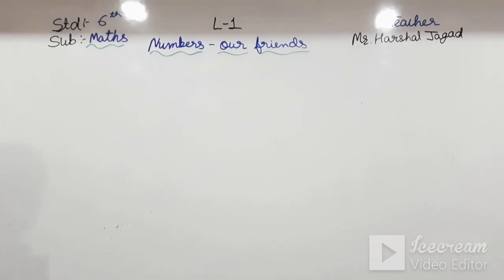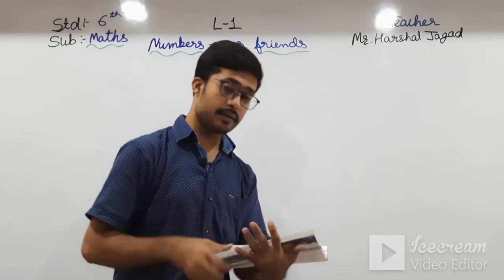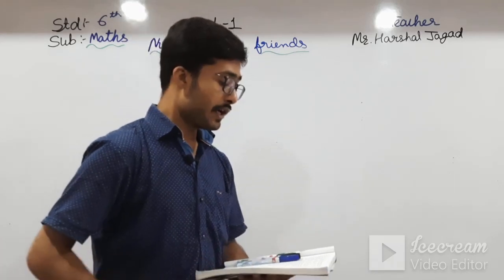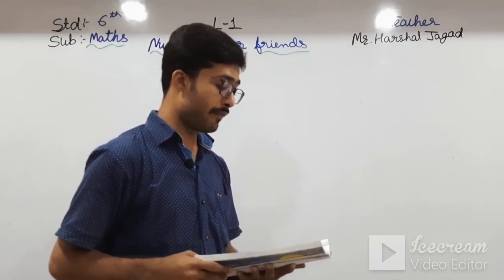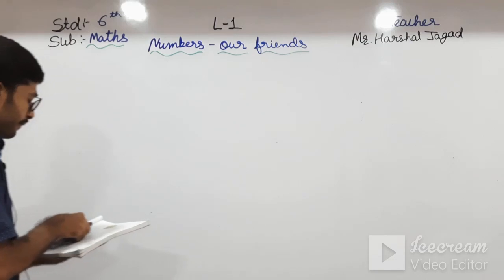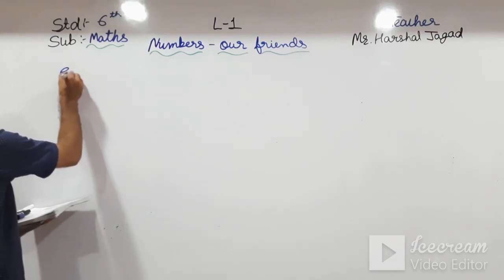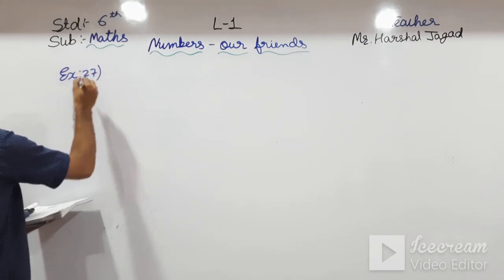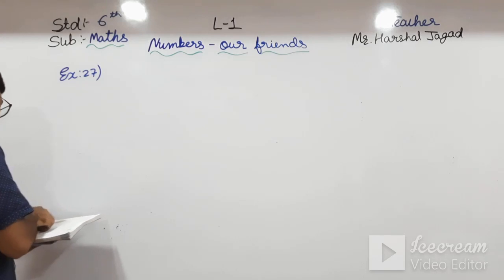So in example number 27, I am just reading it. During one day cricket match, the number of people who came to see the match was 7,250. First, we will write example 27. And then, how many people came?